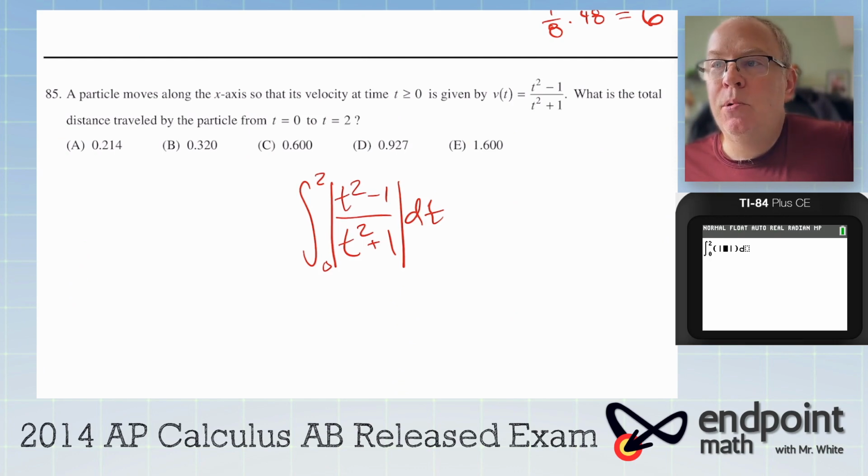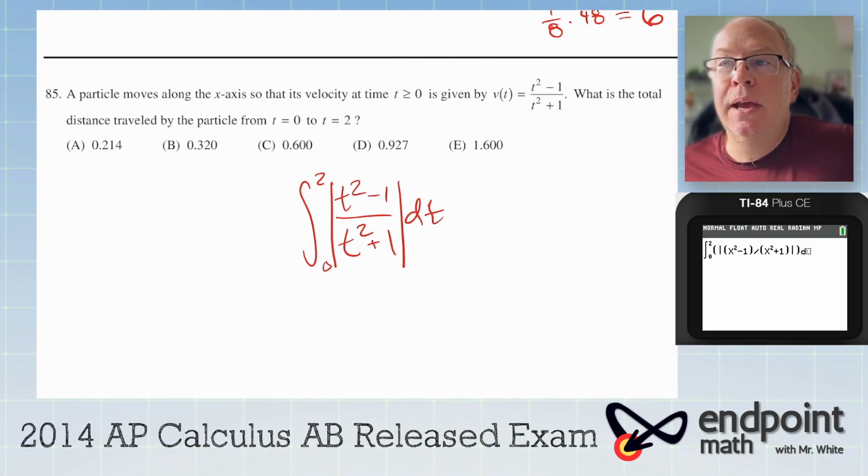And then I'm going to put a fraction in here, so I do have to put the top inside parentheses. X squared minus 1. Now I'm going to close my parentheses and divide by, I have to open another parenthesis, x squared plus 1. I close my parenthesis.